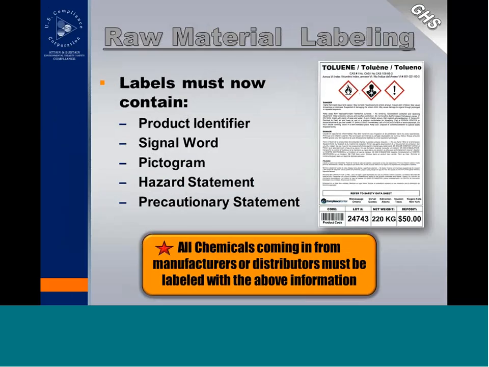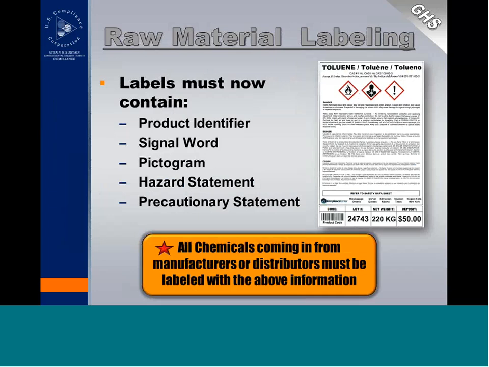So for your raw materials, your drums, your buckets, etc., chemical labels will now contain the following key points. First, you will have a product identifier, which basically says what this chemical is. We will have a signal word, such as warning or danger.